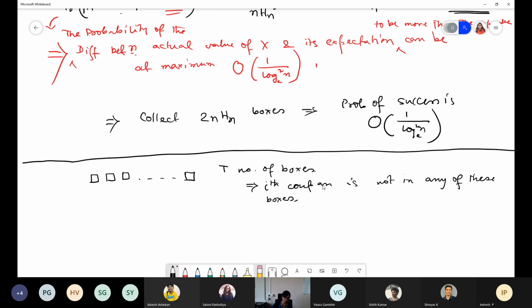Now, what I am telling is the probability of the ith coupon to belong to one box is 1 by n.